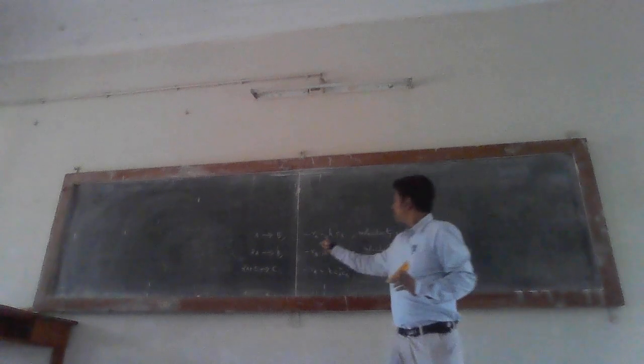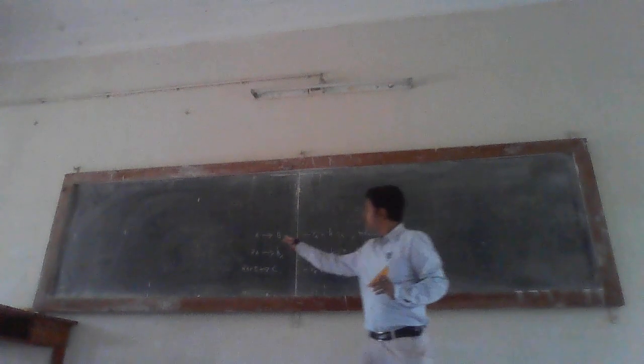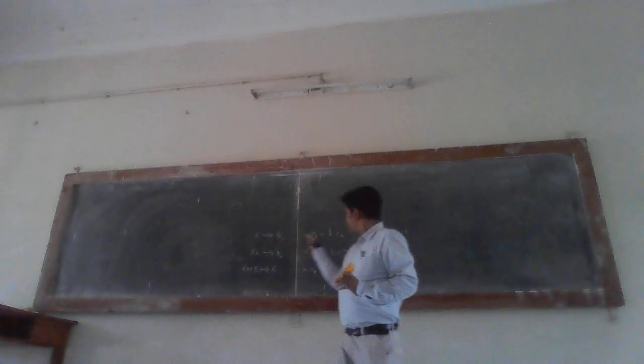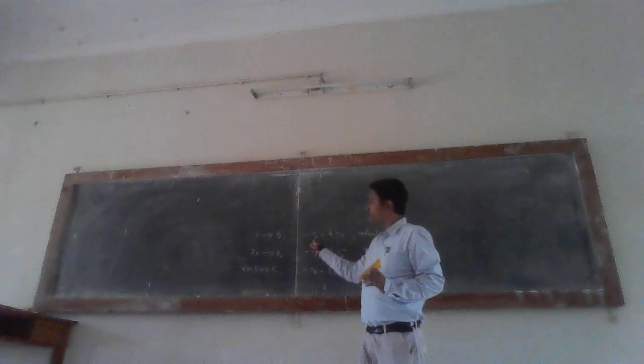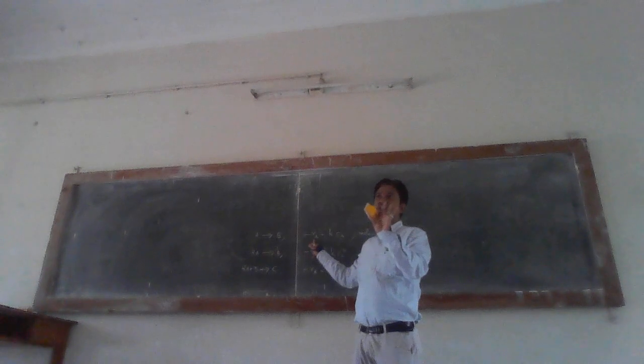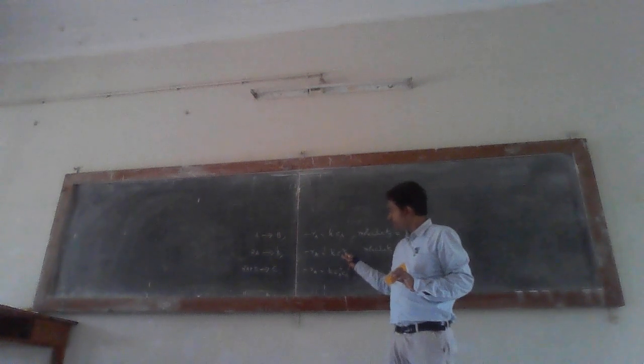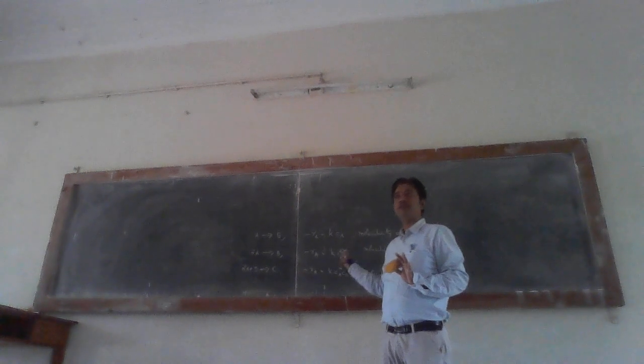The elementary reaction is one where the stoichiometric coefficient corresponds to the rate expression. So this is the rate expression, this is the stoichiometric equation. So the stoichiometric equation corresponds to the rate expression. So elementary, very clear.